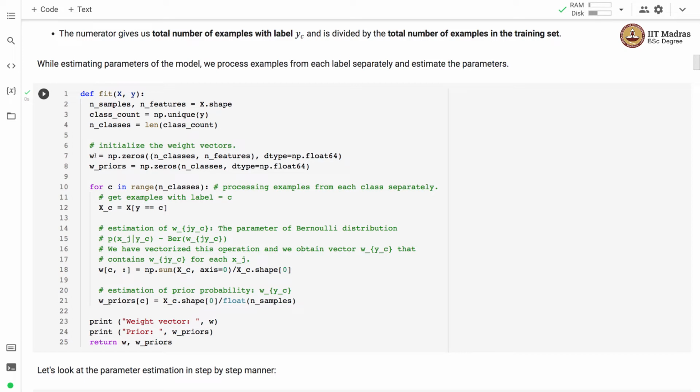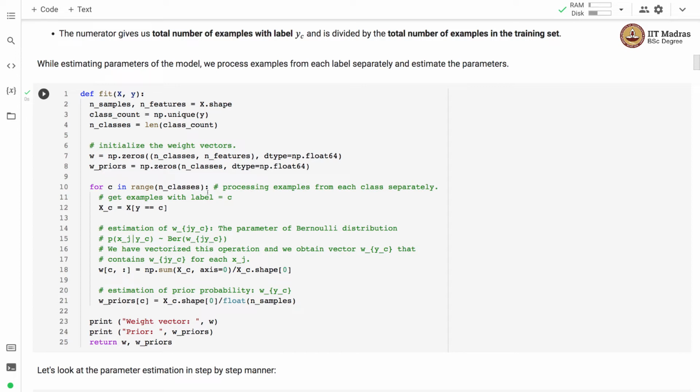So it has got a total of km values. These are km parameters of km Bernoulli distributions. And then we have k priors. So we initialize w and w priors, and then what we do is we process examples from each class separately.